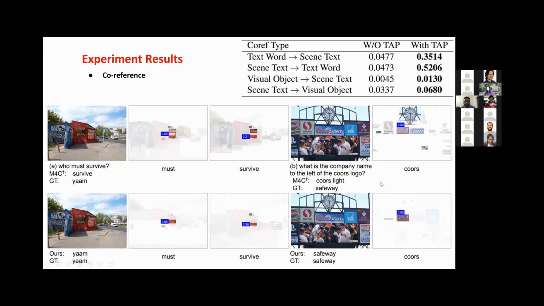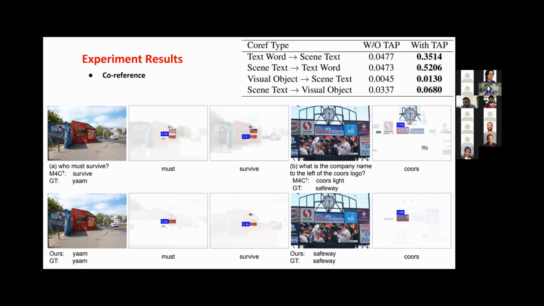So by doing such analysis, we try to validate and show visually that by doing the text-aware pre-training, the correspondence between the word and the syntax region can be largely improved.